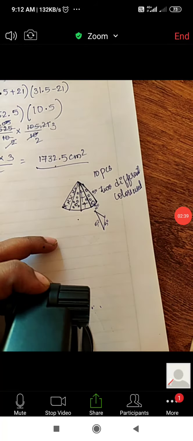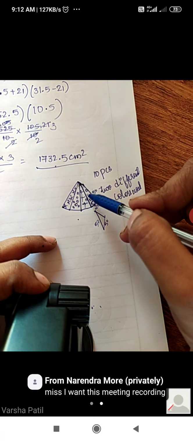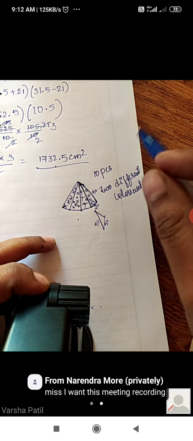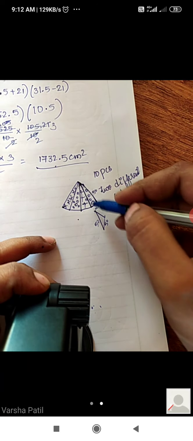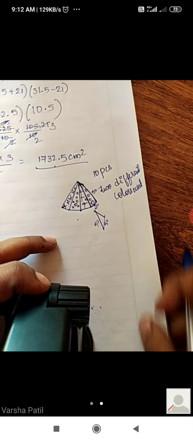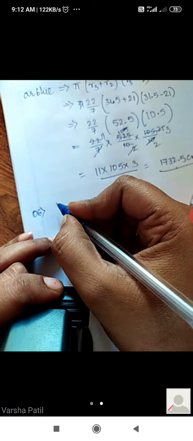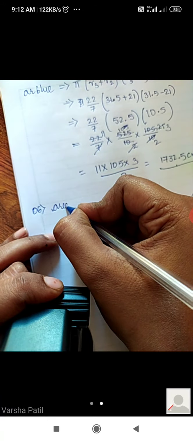If this is with bubbles and this is with X marks, then two different cloths are used, and all the triangular pieces have these sides. So using the formula, tell me the area of a triangle.